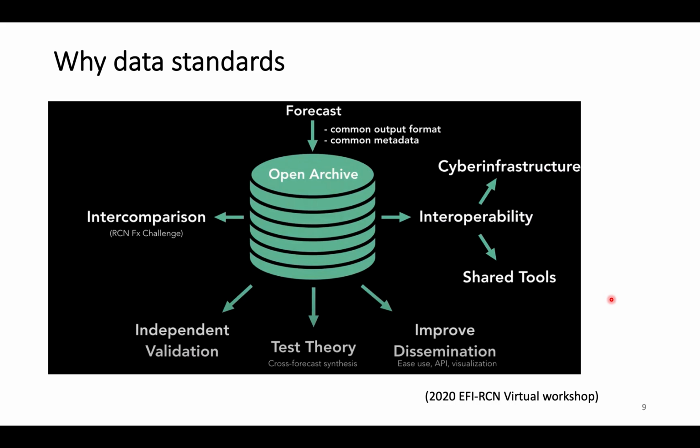Beyond that, supporting interoperability is a prerequisite to build community cyber infrastructures and develop tools to share knowledge within the community. For example, improve the dissemination of ecological forecasts, and make it easier for users of forecasts to conduct comparative analysis across the different forecasts, and independent validations.